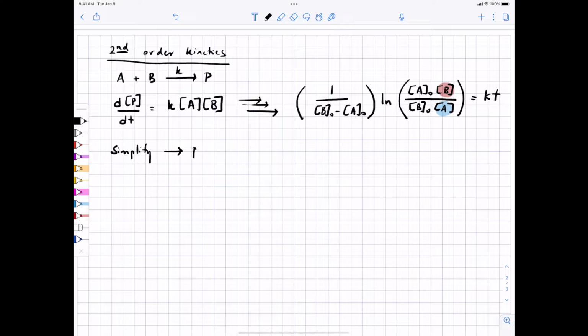And so we can simplify by using pseudo first order reaction conditions.